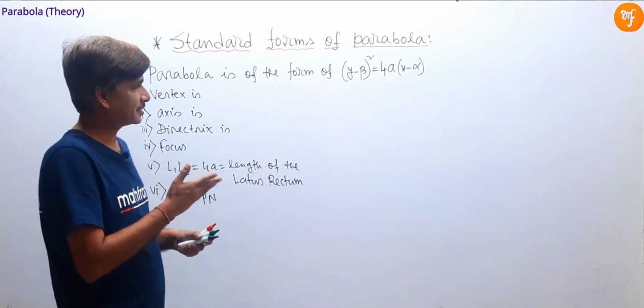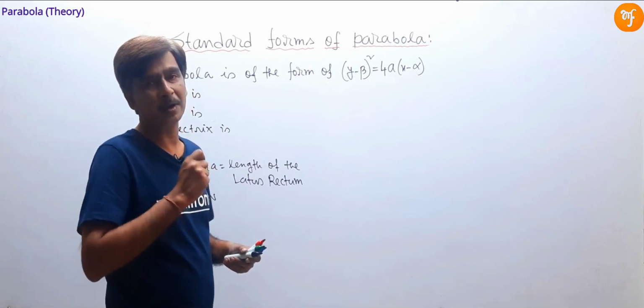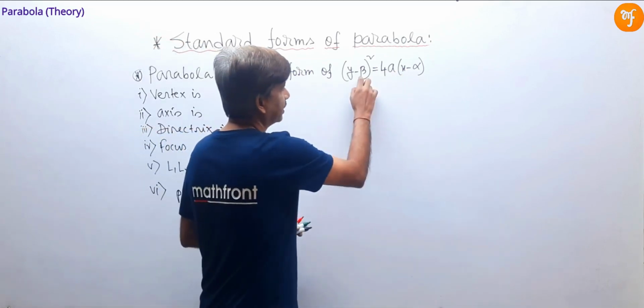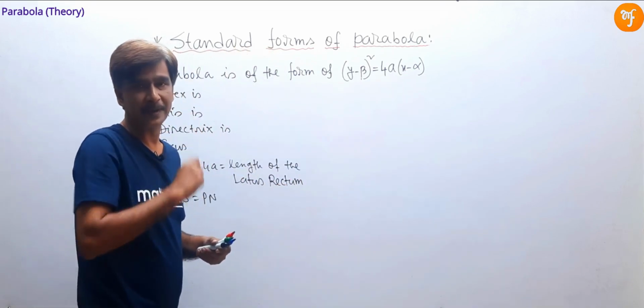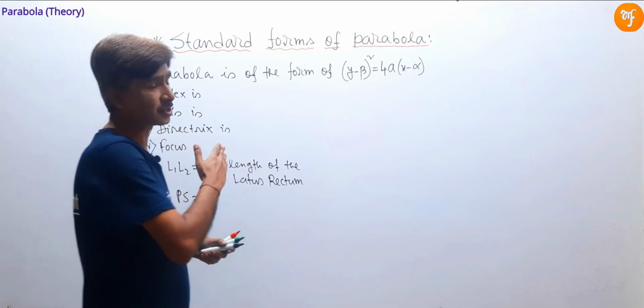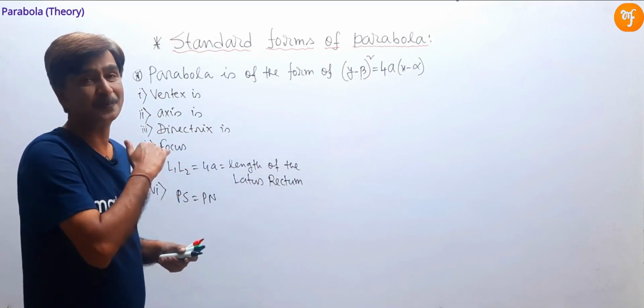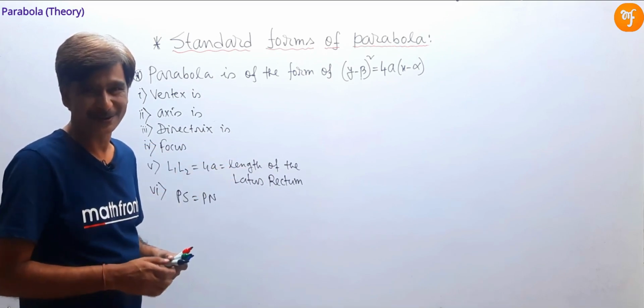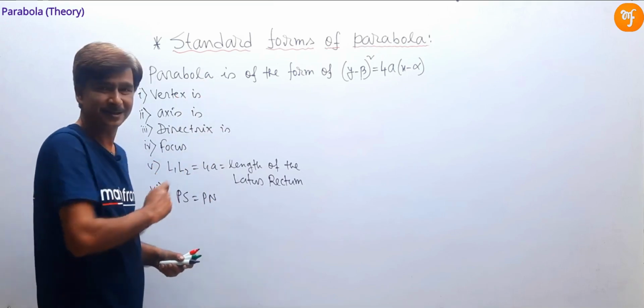In this case, the parabola has vertex at alpha comma beta. So this alpha and beta represent the coordinates of the vertex of the parabola. The parabola is concave at the right hand side, and the axis of the parabola is parallel to the x-axis. Let's draw the diagram first, then we will fill up this data.